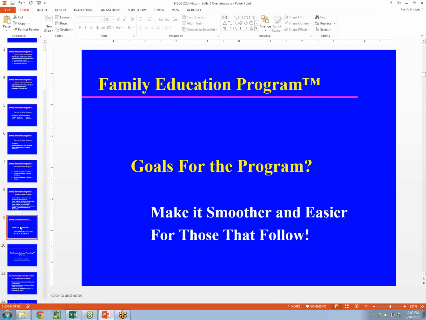So what are our goals for the program? What we find is that the primary goal, or a goal that is not necessarily the primary one but is common almost universally among all of our clients, is that they do this planning because they want to make sure that things go smoother for the people that they have been doing their planning for.